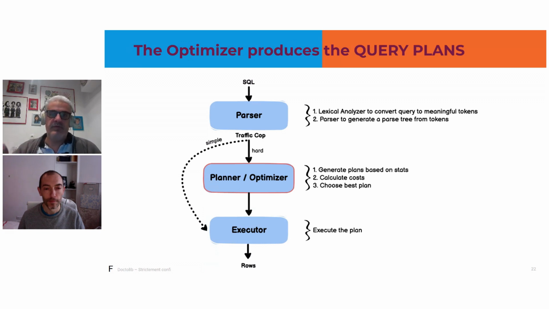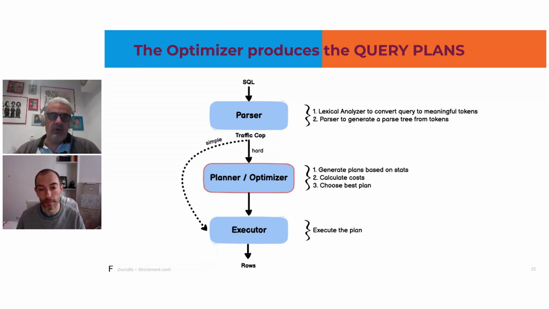For example, if you put the name of a table that doesn't exist, the parser will return an error. If you made a mistake in your query and put a bad keyword, the parser will return the error for you. The parser is quite fast, and it's the first step where we either get an error or go to the next step.